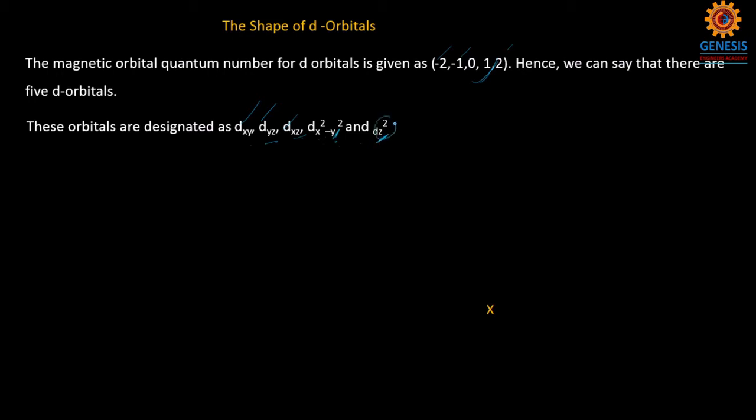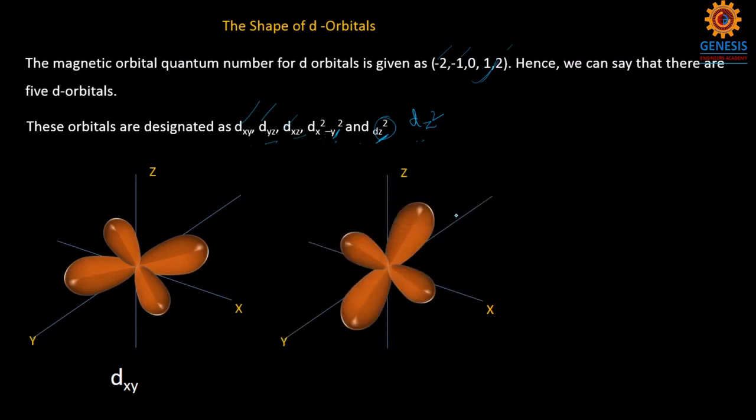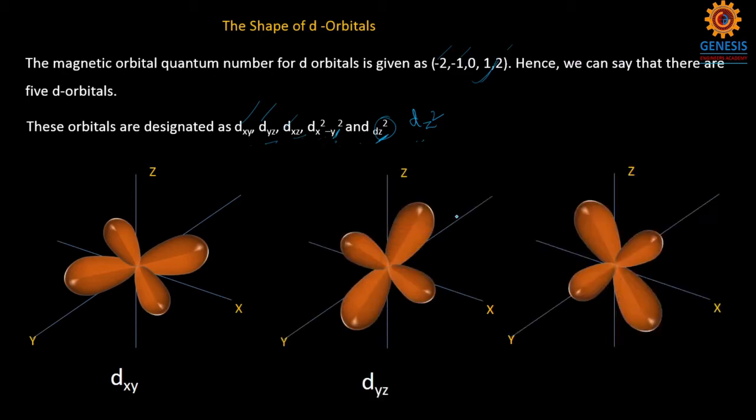So this is dxy, this is dyz, and this is dxz. So we have the information that d orbitals are 5, p orbitals are 3, and the s orbital is only 1.